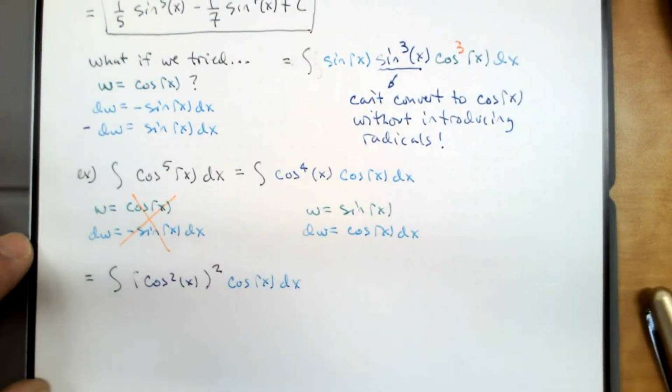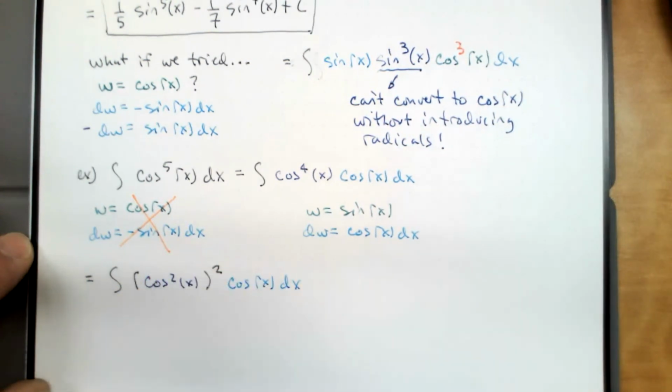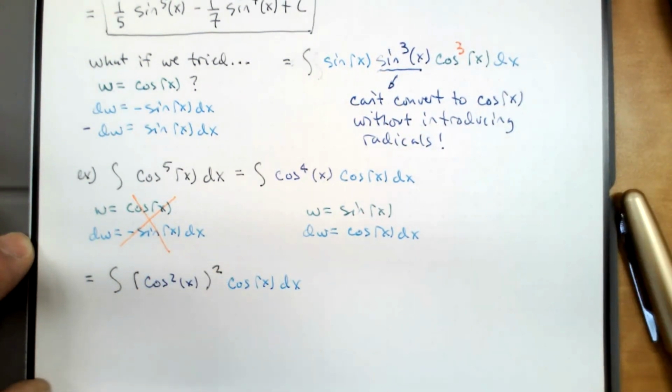And then I'll replace the cosine squared with 1 minus sine squared.